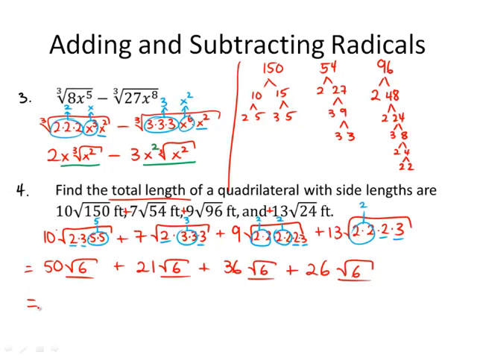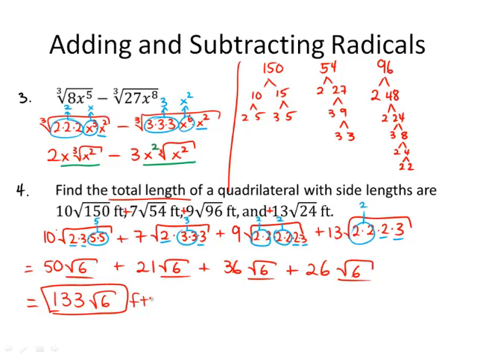So we can just go ahead and add that. So 50 plus 21 plus 36 plus 26 is 103 root 6s. In this case, it's in feet.